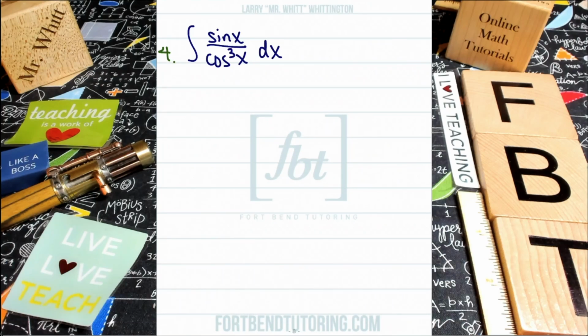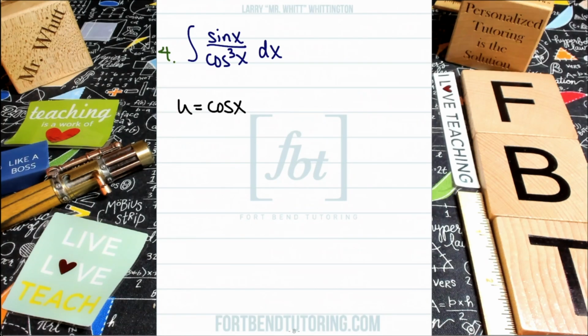When I look at this, guys, you want to first of all determine what is going to be the best substitution that you can do that will help you throughout this problem. And when I'm looking at this problem, I'm thinking that the best quantity to call my variable u is going to be cosine of x. That's what I'm thinking is going to work out for me. Taking the derivative of u, you'll end up with du equals negative sine x dx.